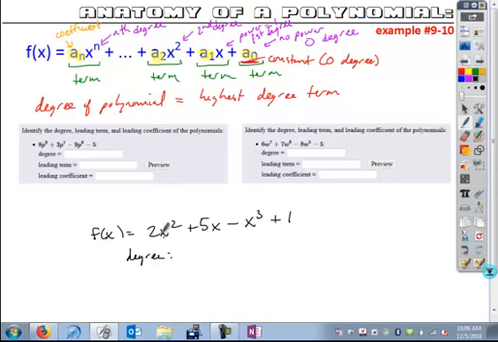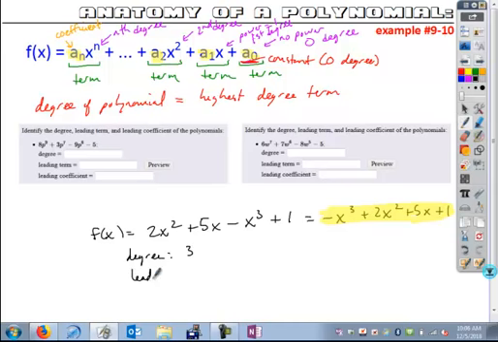Again, it's not in order. If you were writing this as a polynomial, you would rewrite it so that the highest degree is written first, and then you move down from there. So you would think of it in this order first, and then you can answer the question. So the degree is 3.